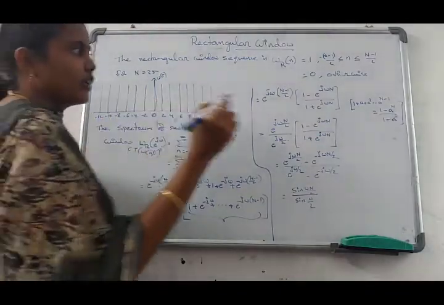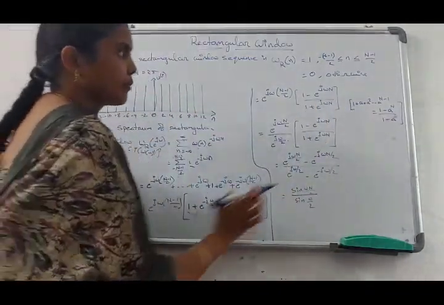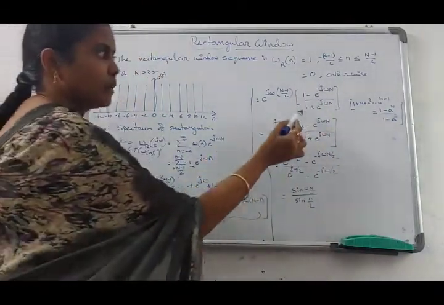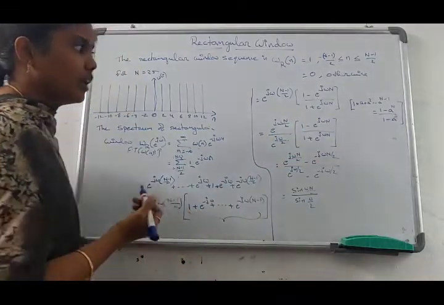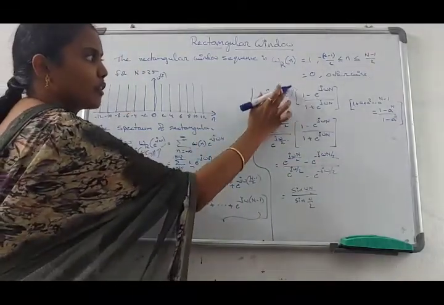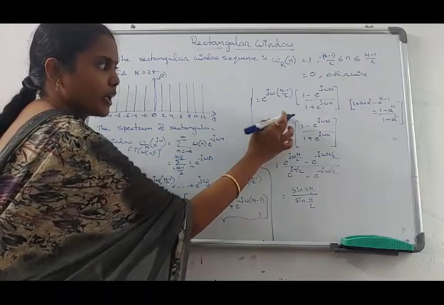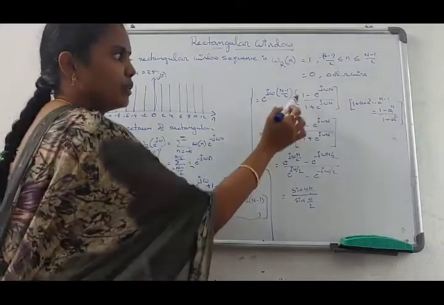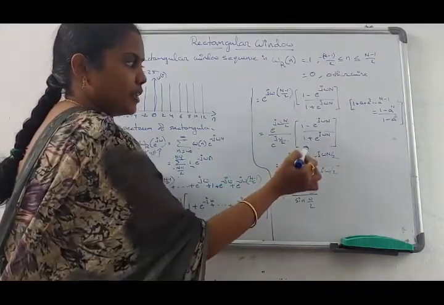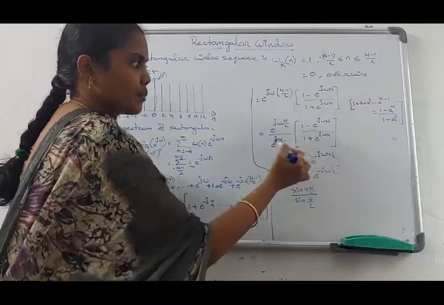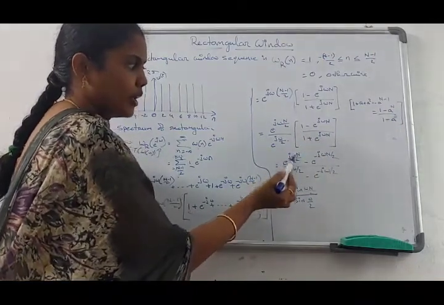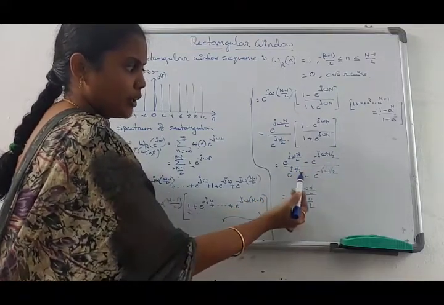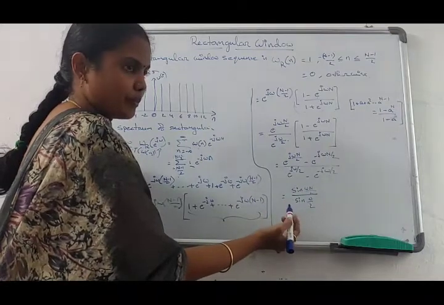Now write this equation in that form: 1 minus e power minus j omega N divided by 1 minus e power minus j omega. Now I am writing e power j omega of (N minus 1) by 2 as e power j omega N by 2 divided by e power j omega by 2. Multiplying these, we get e power j omega N by 2 minus e power minus j omega N by 2, divided by e power j omega by 2 minus e power minus j omega by 2.